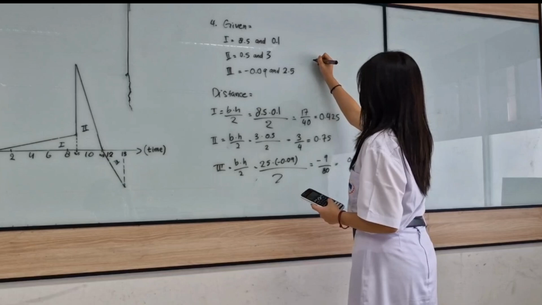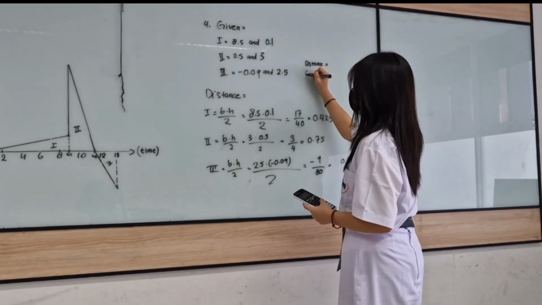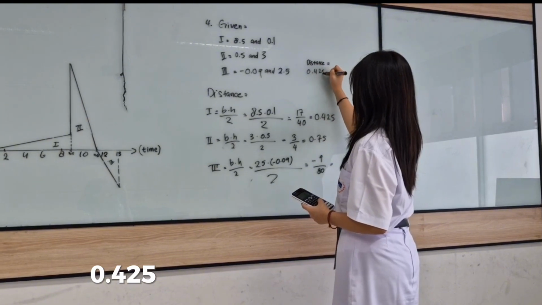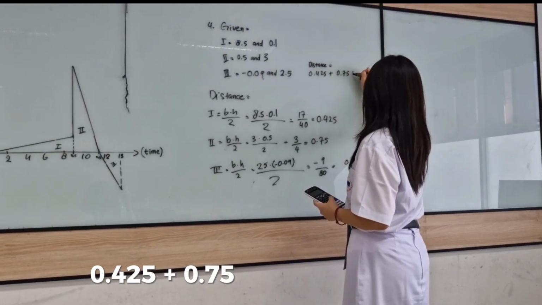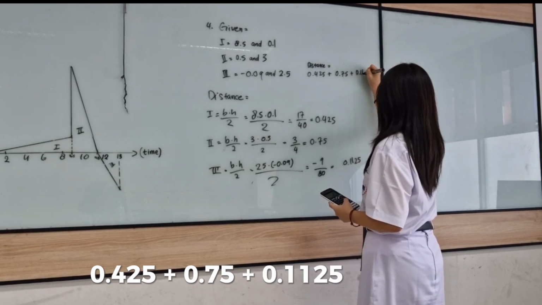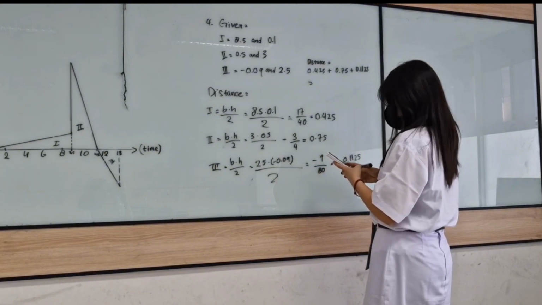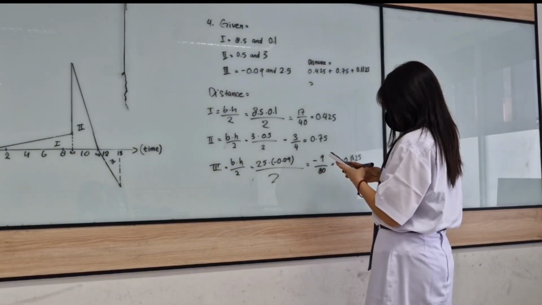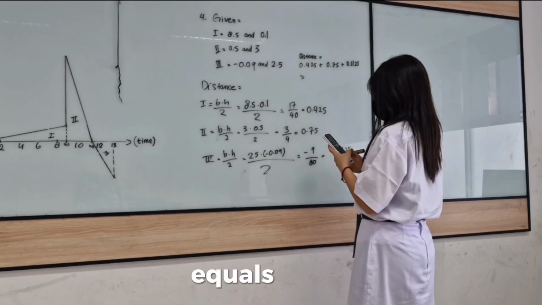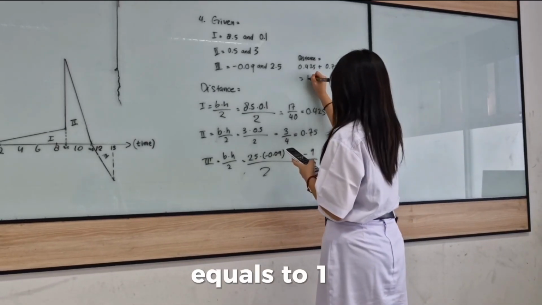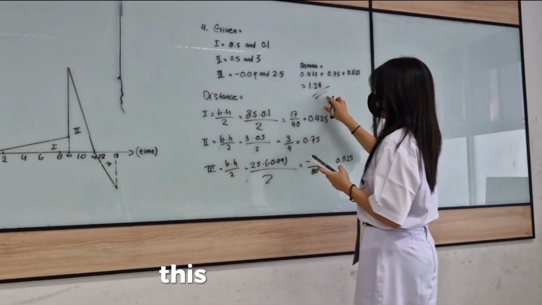So 0.425 plus 0.75 plus 0.1125 equals 1.28. This is the distance.